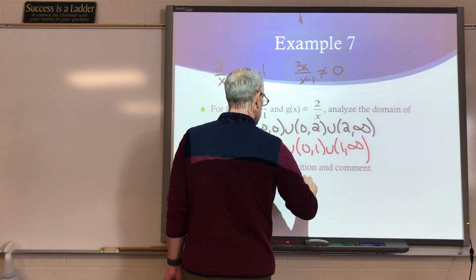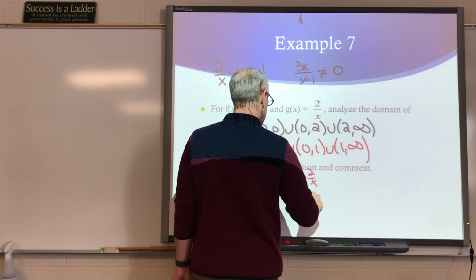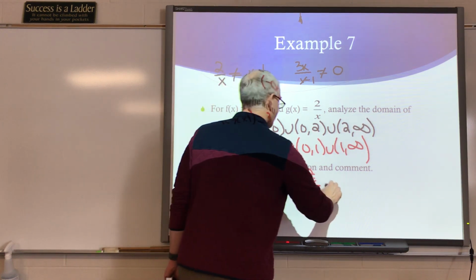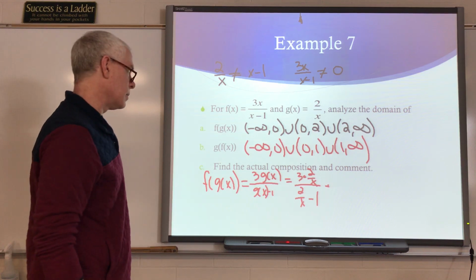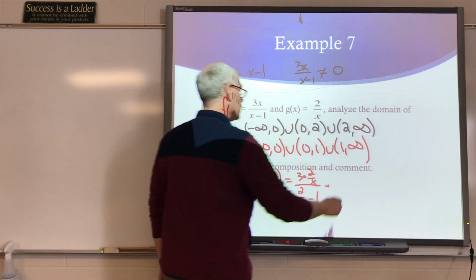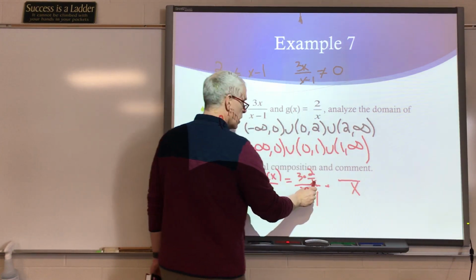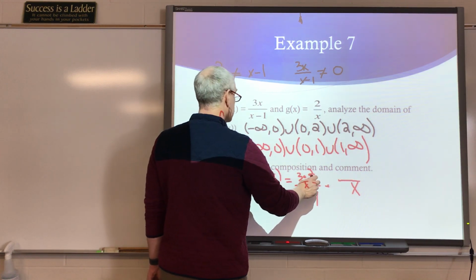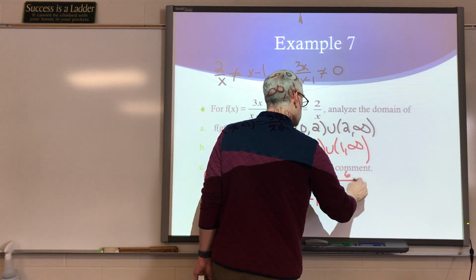And so this is going to be 3 times 2 over x, over 2 over x minus 1. The only way to do this is to get common denominators. So on the top, that's an x. This one's missing the x, so I'm going to have 3x times 2, which is going to be 6x.